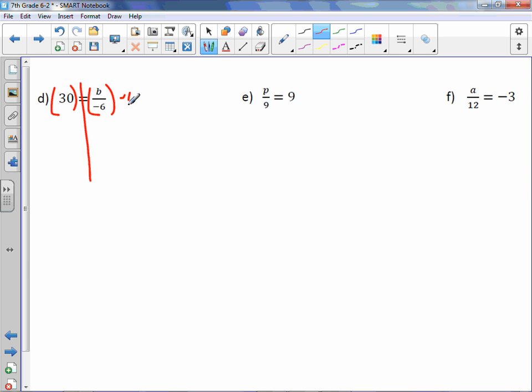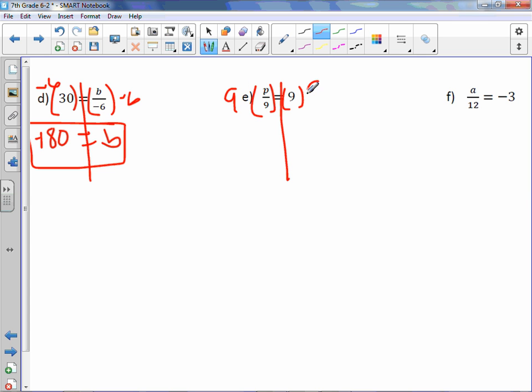Multiply both sides by -6. -6 times 3 is -18, and add the 0. So -180 equals B. Letter E. P divided by 9 equals 9. Multiply both sides by 9. We get P equals 81.